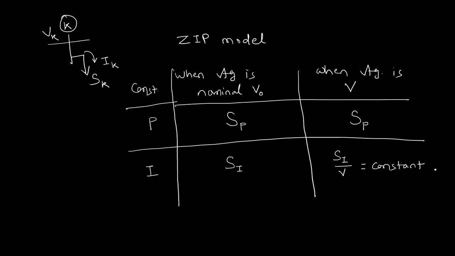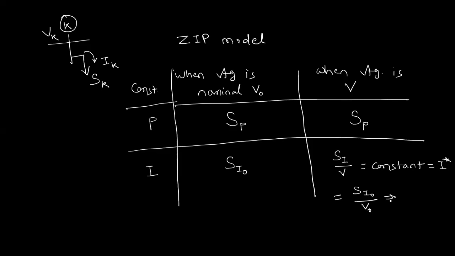What is this SI divided by V? This is basically the current conjugate. Suppose SI0 is the nominal power when we have nominal voltage, and SI is the power when voltage is V, then this quantity is also equal to SI0 divided by V0.